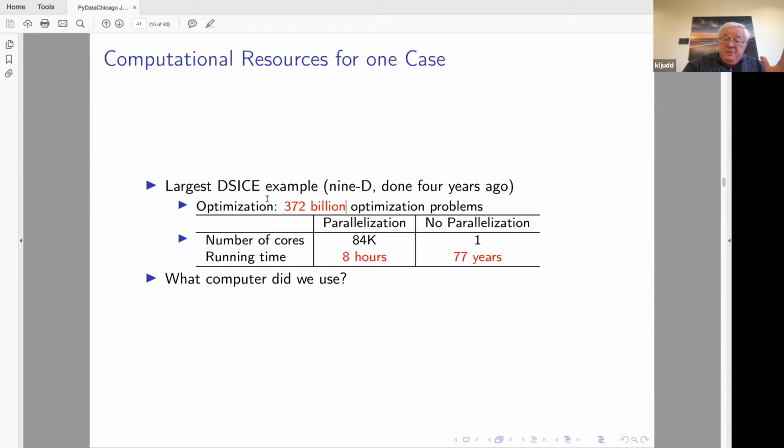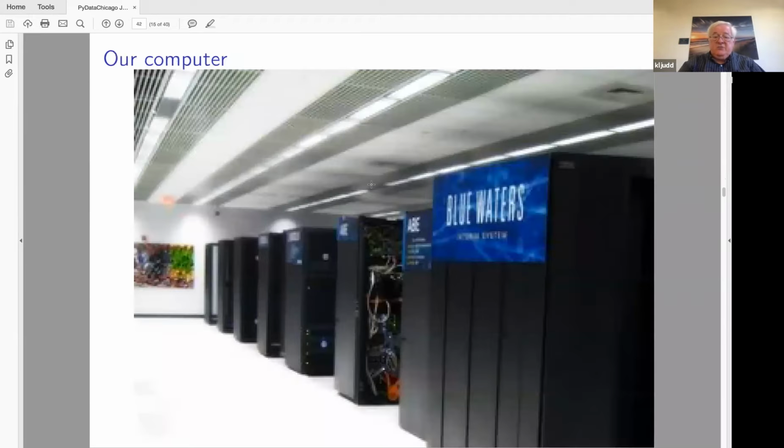In fact, on this problem, Yang did some scaling, and the time scaled linearly from 10,000 to 20,000 to 40,000 to 80,000 cores. So this passed the critical scaling test of whether it belongs on a supercomputer. Also, when we did a flops count, we found that it was 10% of peak, which we're told by supercomputer people is pretty good. So that's the kind of computational resources we used.